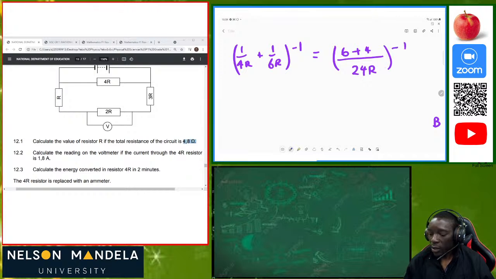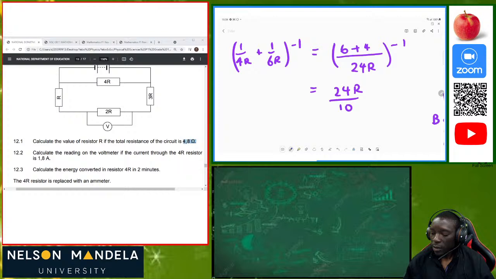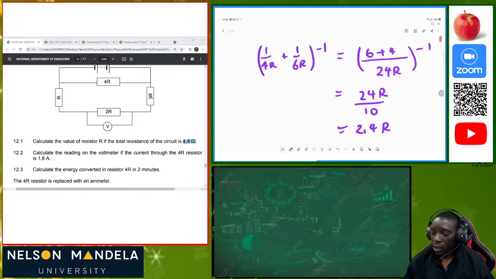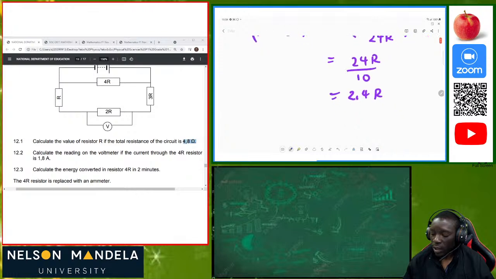And we want that inverted. Then what we get there is 24R over 10 after inverting, and that is 2.4R, which we are told the total is 4.8 ohms according to the question.